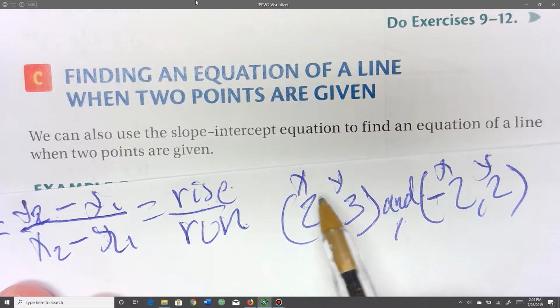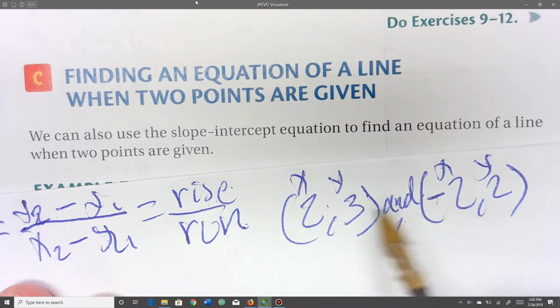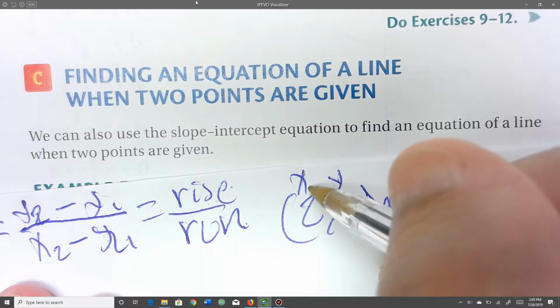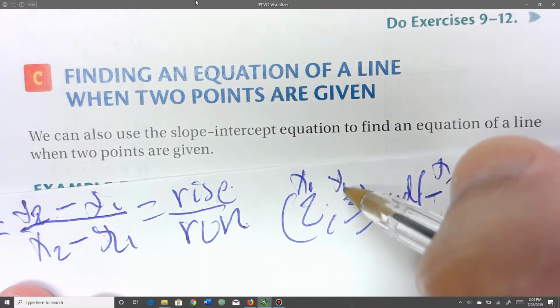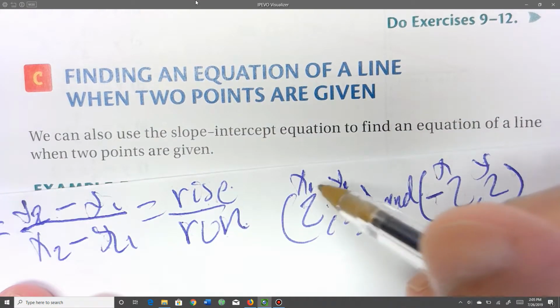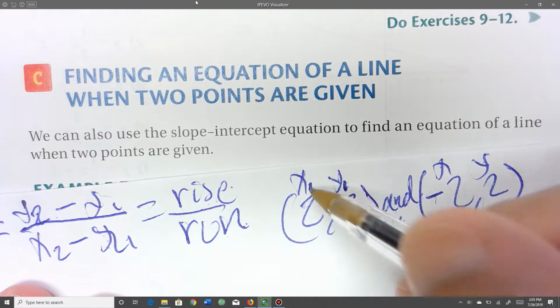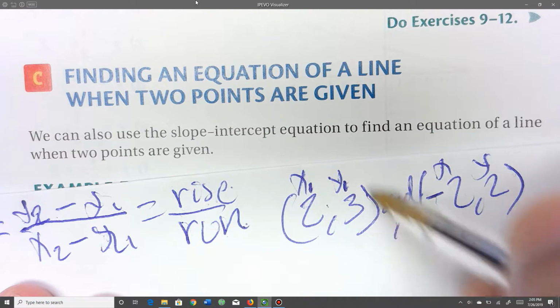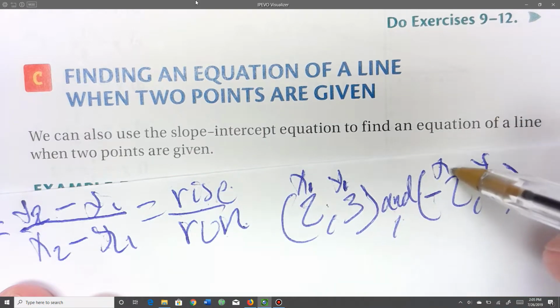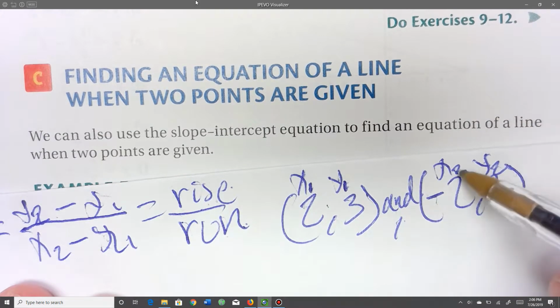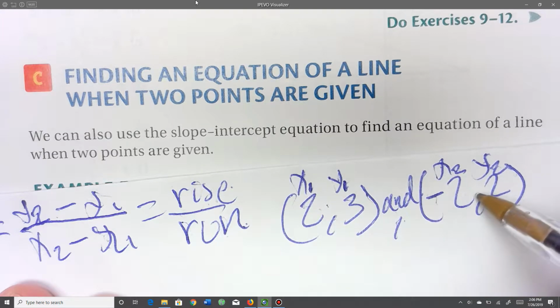In this case we need to choose which point is 1 and which point is 2. I always choose the first one as my point 1. This subscript here tells us that this x and y are from point 1, and this x and y are from point 2. So this is my point 1 and this is my point 2.